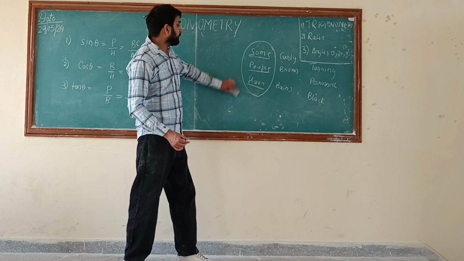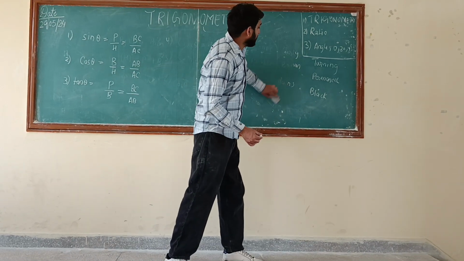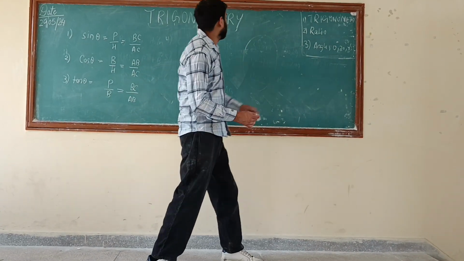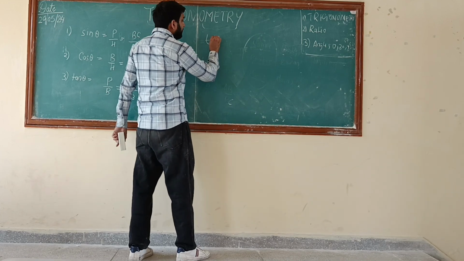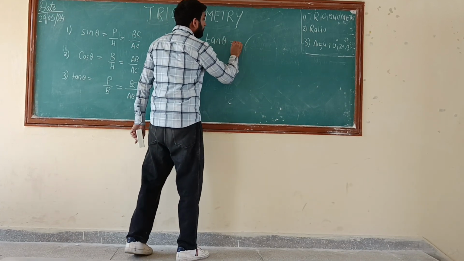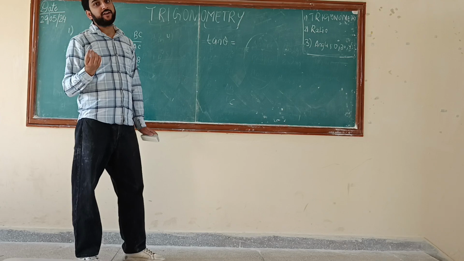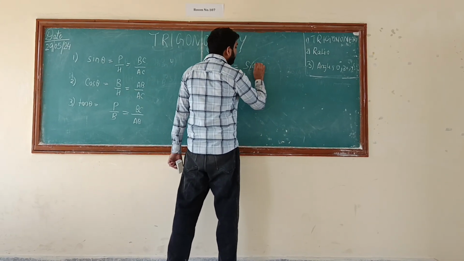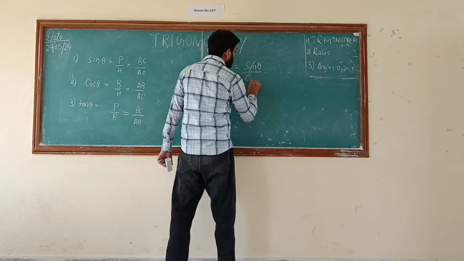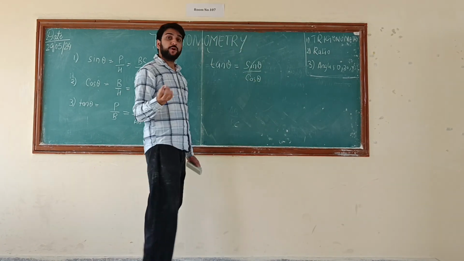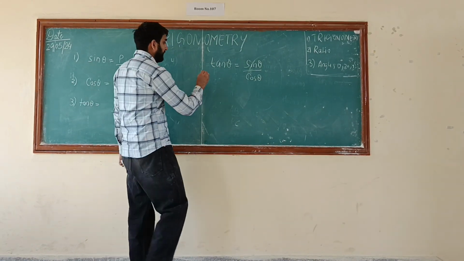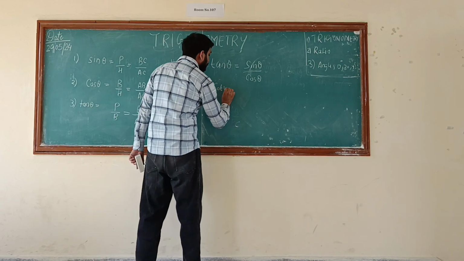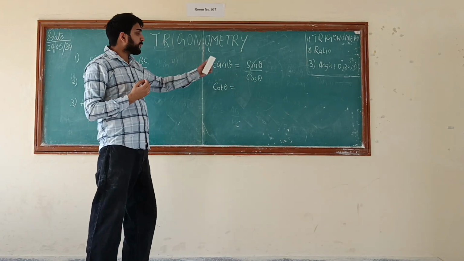Now there is a relation between sine, cos and tan. Here tan theta is the ratio of sin theta and cos theta. So tan theta is equal to sin theta upon cos theta. And if we want to find cot theta, it is the reciprocal of tan theta.